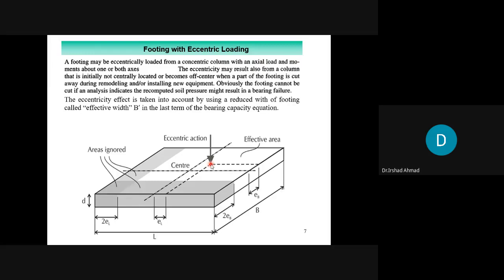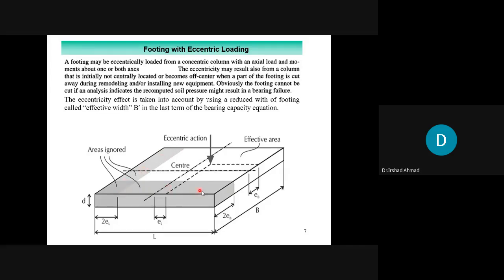To make this eccentric load concentric, you have to ignore this portion of the foundation. That is 2EB in the B direction and 2EL in the L direction.